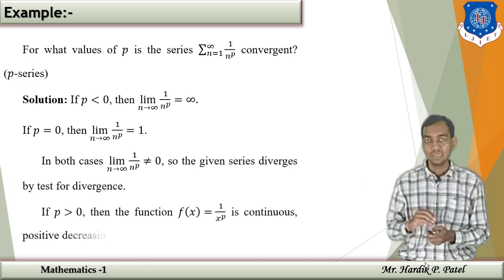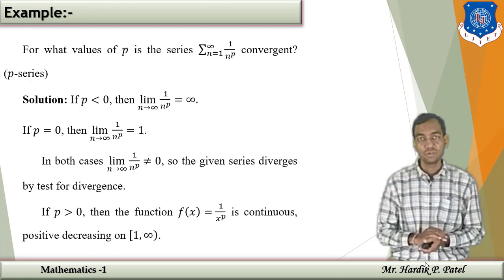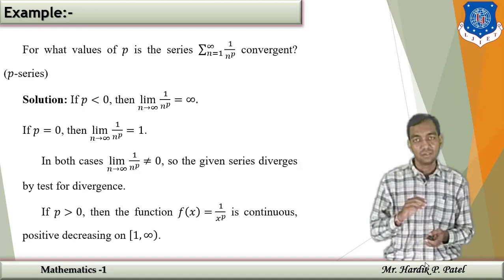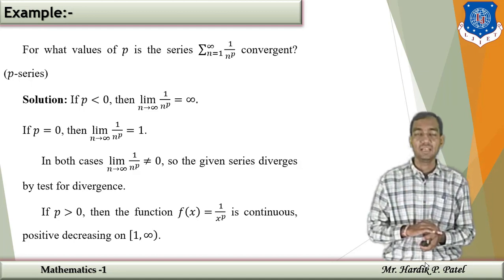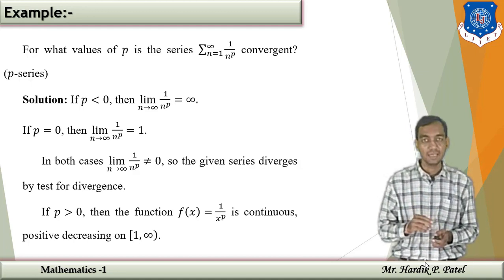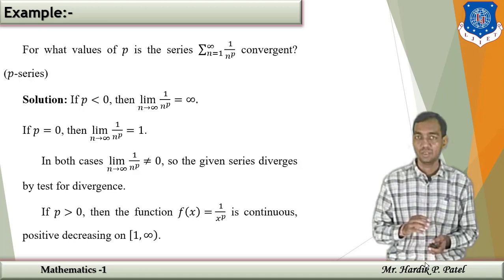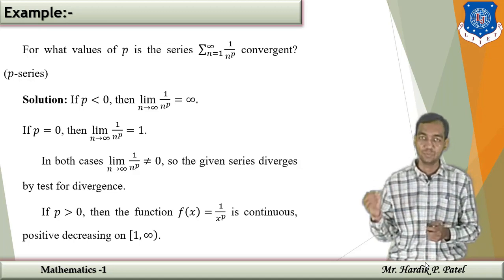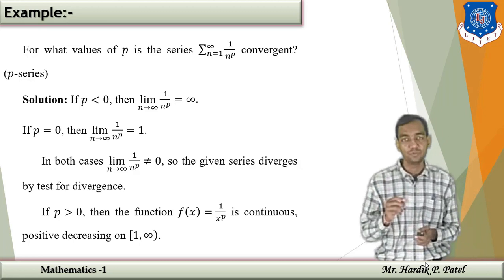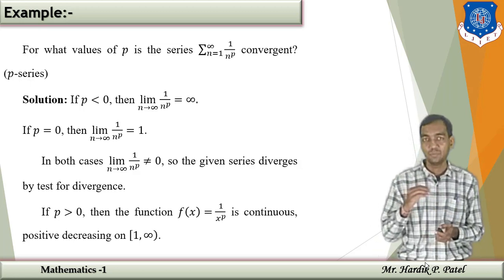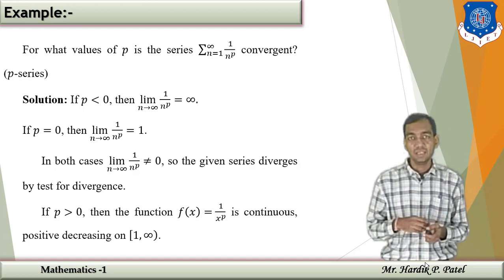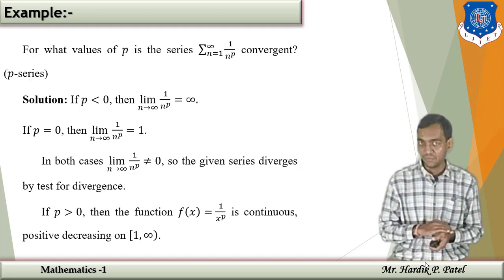So, first of all, for what values of P does the series sigma 1 upon n raised to P converge? For that, we are going to divide P into three parts. First, P is negative; second, P is 0; third, P is positive. Suppose P is negative, in that case 1 upon n raised to P is going to be infinity as n tends to infinity.